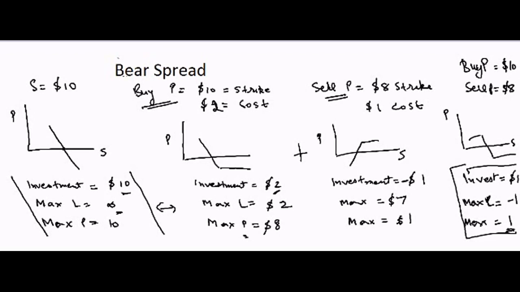If you look at the bear spread by itself, the investment of $1 will give you a maximum loss of $1, and also a maximum profit of $1, which is almost 100%, right?